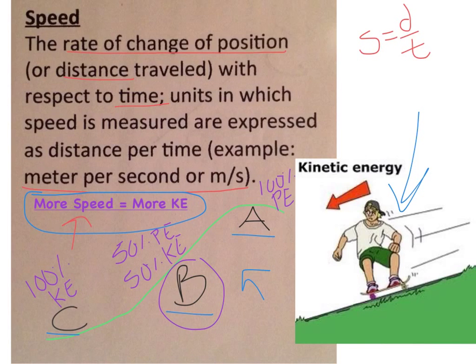So where do you have the most kinetic energy again? Exactly, at point C. So that means that at point C, speed is also at its greatest. Okay? Speed increases as the skater goes down the hill because kinetic energy is also increasing. Alright, let's go to the last one.